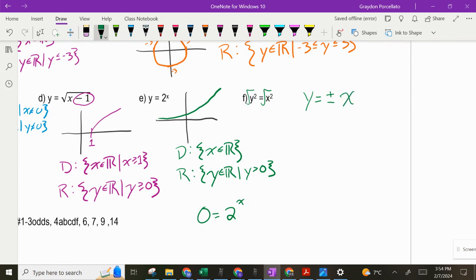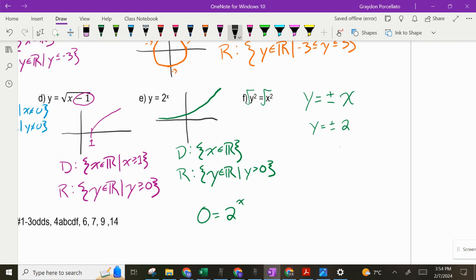Now, what that means is this graph looks like, let's say, so let's say x was 2, right? Let's plug 2 in. So y equals plus or minus the square root of 2. So when x is 2, y is plus or minus the square root of 2.